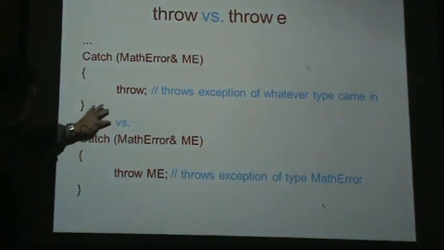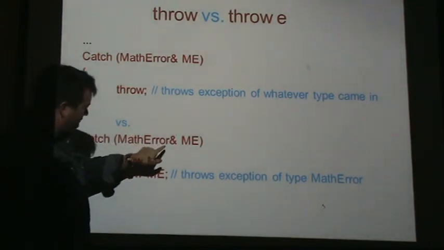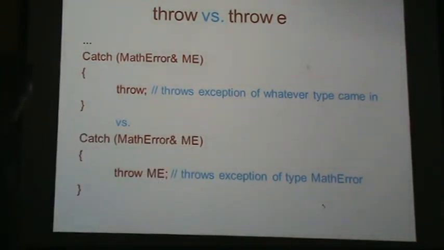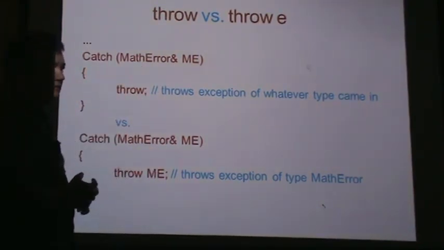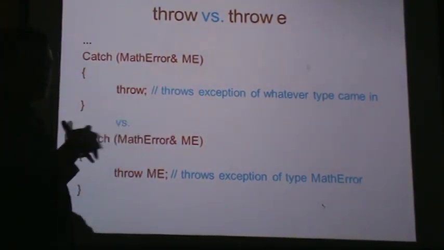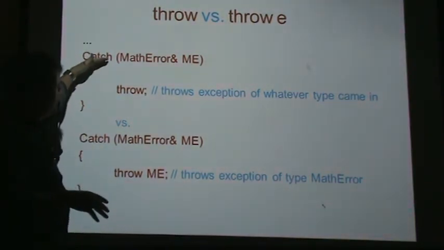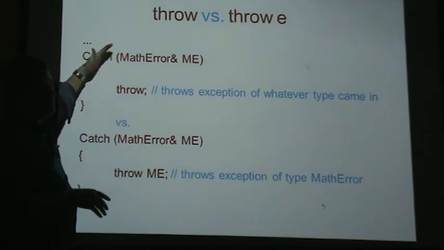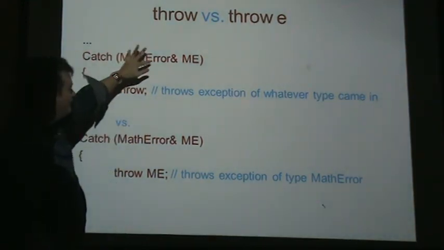If we compare that to catching an object of type math error, also called ME, and then we throw ME, what's the difference? Suppose math error is a base class, and there are other specific math errors that derive from it, like an overflow math error, an underflow math error, or a divide by zero math error, different types of objects that derive from this.